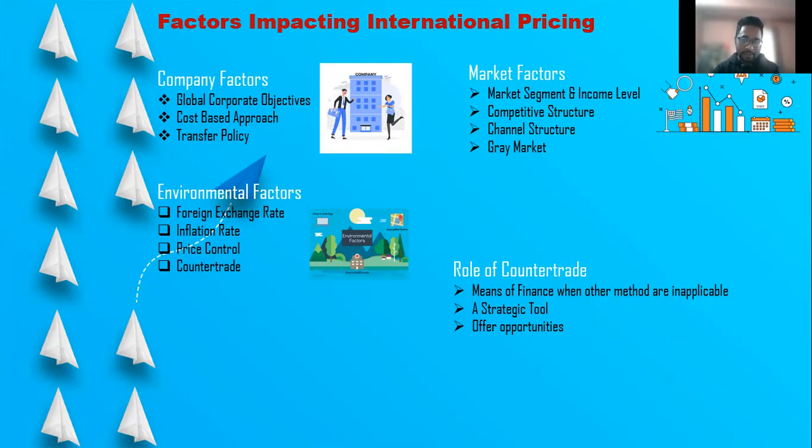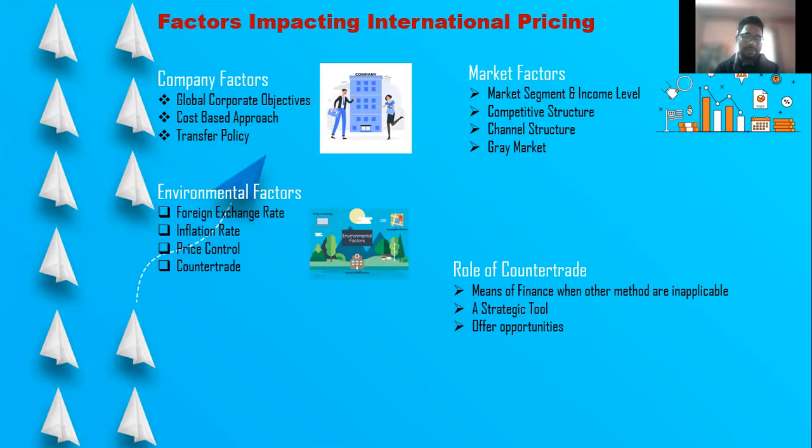Pricing strategy in the international market depends on the target segments of the market and their price or income level. And then the next point is the competitive structure. Pricing strategy mostly depends on the competitive structure. What my competitors are setting their price on, on what basis they are setting price, should be my concern if I am going to compete with them and capture the market dominantly.